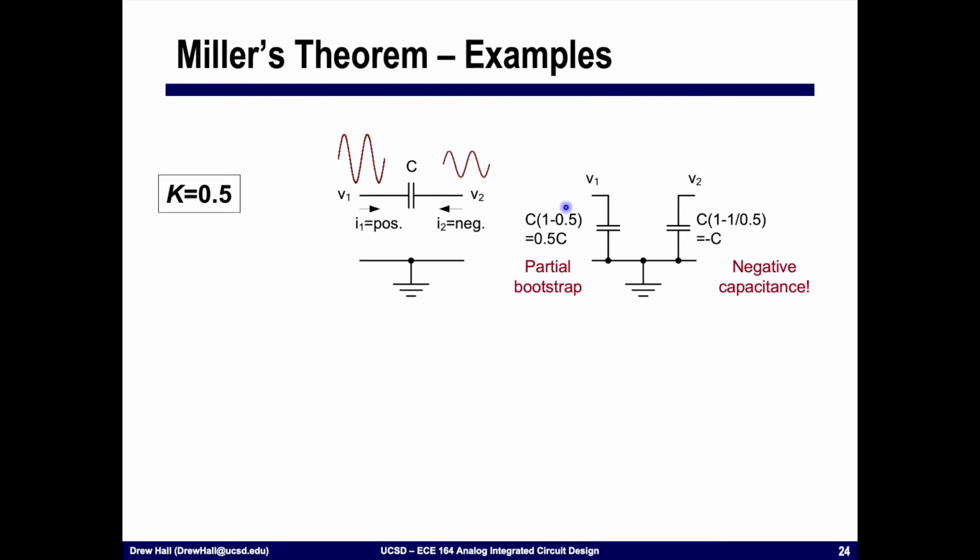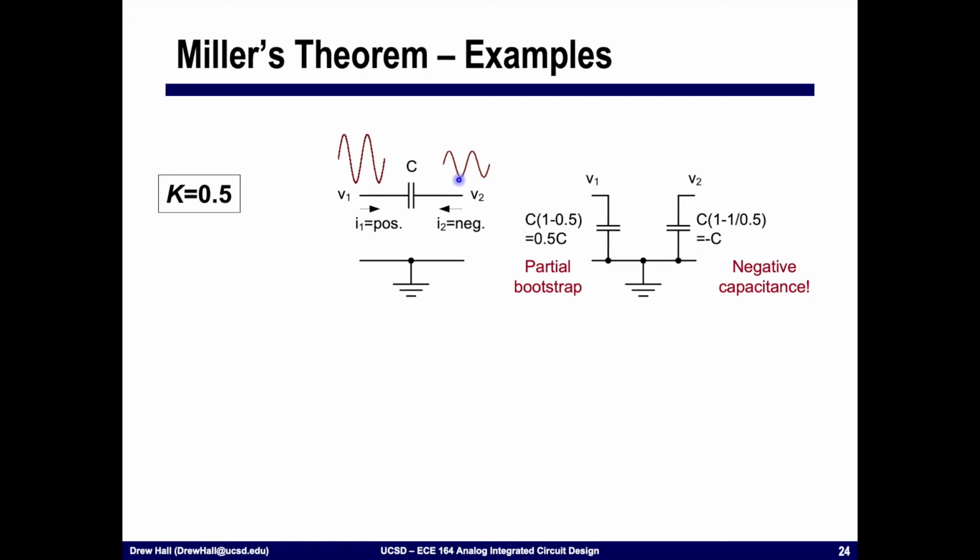All right, let's now consider the case when I have K is equal to 1/2. What this effectively means is that I have a gain of less than 1. So when I wiggle the input, the output wiggles in phase, but it only wiggles half as much. When I look from the input side, I am going to be supplying current, but the capacitance is going to effectively look a little bit smaller than in previous cases, especially when the output wasn't moving.